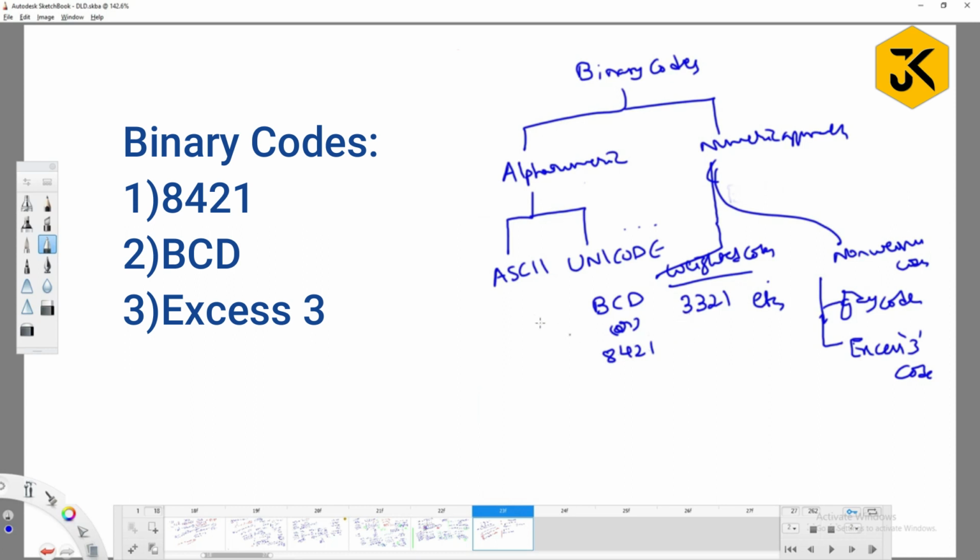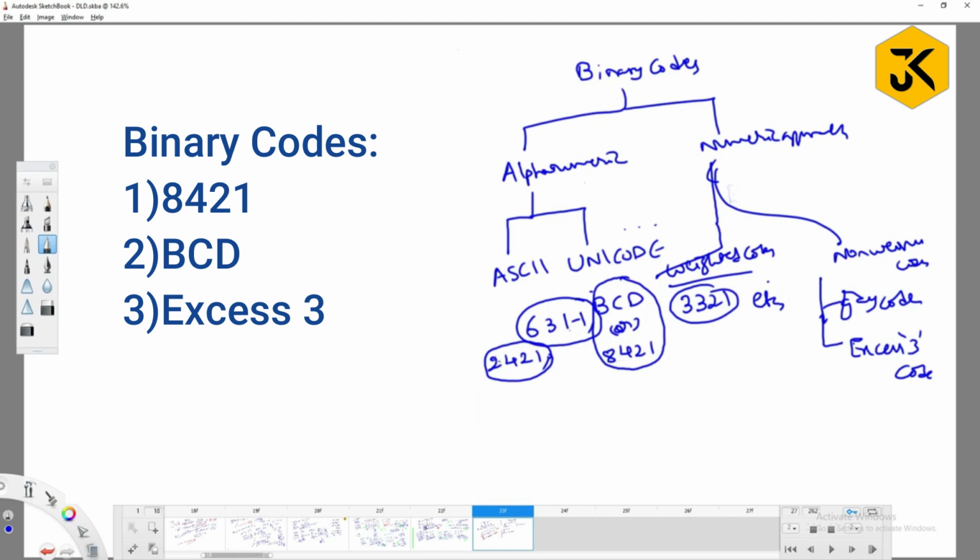So here you can take 631 minus 1 as one kind of representation, and 2421 is also one kind of representation. I mean, numerical binary codes can be stored in various different approaches. Among these, one is the 2421 code, or the 631 minus 1 approach, or the BCD approach, or the 3321 approach. Like this, it can follow.